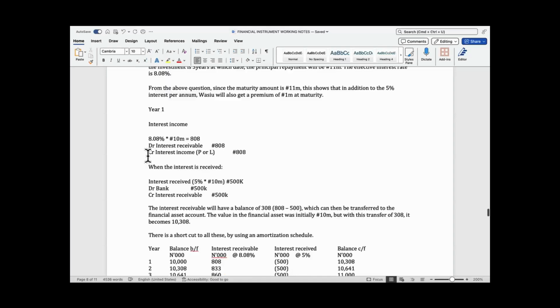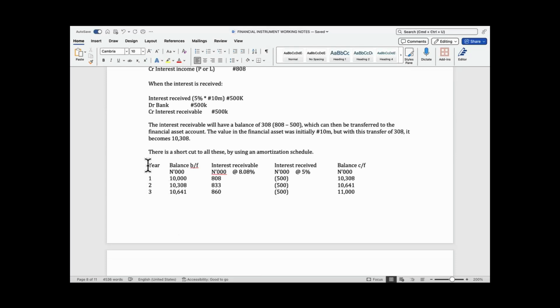But there's a simpler way, there's a shortcut to all this, which is using an amortization schedule. That makes it faster for you, because this is really what you're going to do in the exam, the schedule. The way this schedule works is you have a balance brought forward that will include the amount you have invested of 10 million.